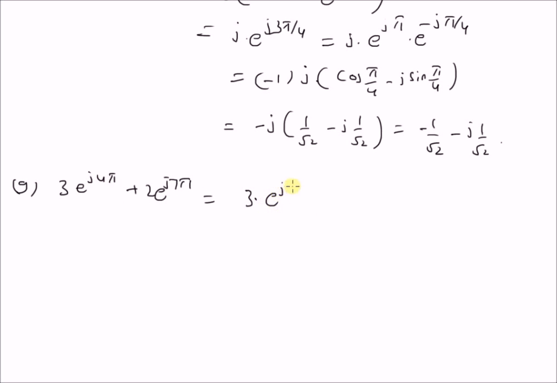Therefore, we have e power j 2 pi squared, which is 1, plus 2 times, and similarly e power j 7 pi can be written as e power j 6 pi multiplied by e power j pi. And e power j 6 pi is clearly equal to e power j 2 pi cubed, which is equal to 1, so it can be ignored. So the first term is basically 3, and this is equal to 2 multiplied by, and e power j pi is minus 1, so we have minus 1. So the answer is 3 minus 2, which is 1.